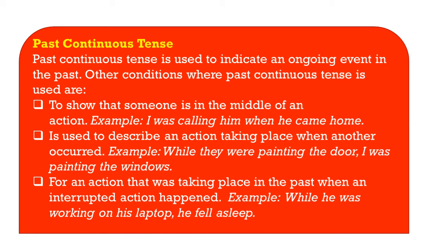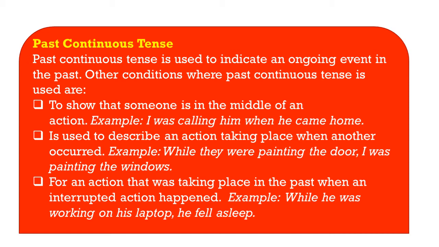Now, we are going to see past continuous tense. The past continuous tense is used to express an action that began and continued in the past time but whose time limits are not known.